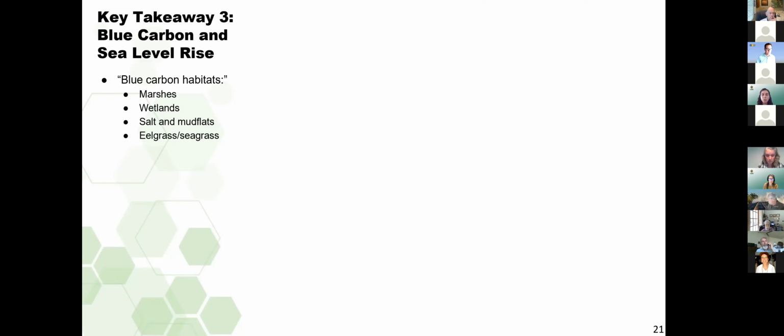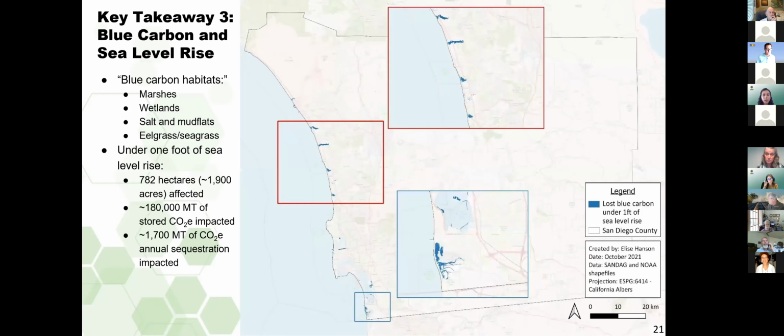Additionally, the region's blue carbon habitats are uniquely susceptible to sea level rise. Thus, the associated natural climate solutions of protecting and restoring blue carbon habitats can have important carbon benefits. This map shows the extent of blue carbon habitats that will be impacted by 1 foot of sea level rise.